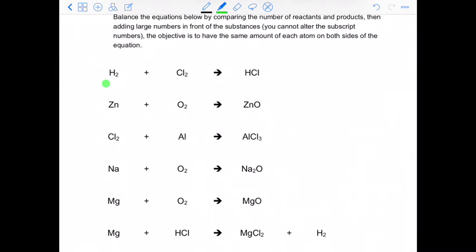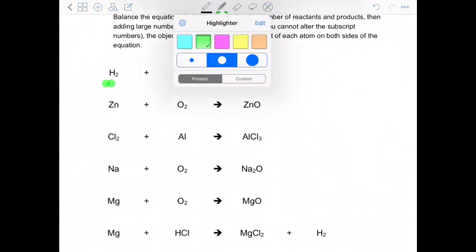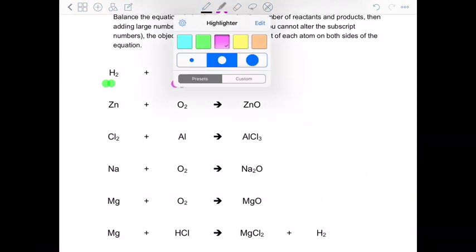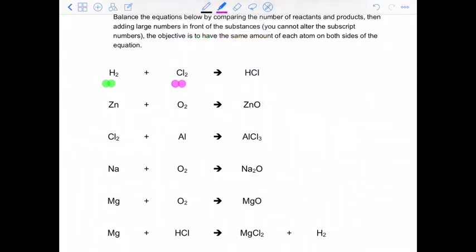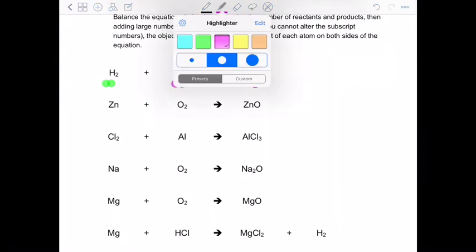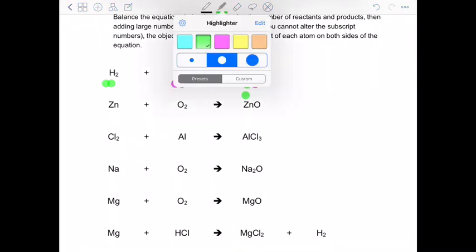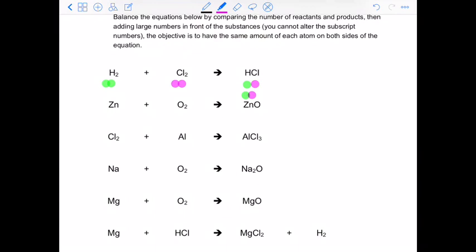So H2, we have 1 molecule of H2, 1 molecule of Cl2, and then we have 1 Cl and 1 H, or 1 chlorine and 1 hydrogen. So I need 2 hydrogens, so I need a second hydrogen, and it needs to be attached to a chlorine.